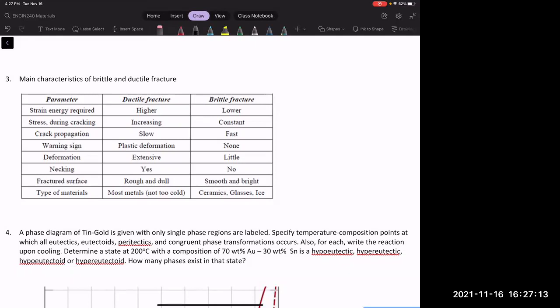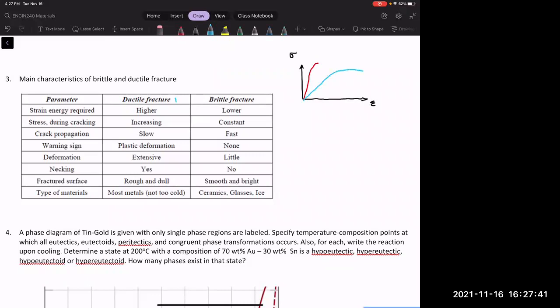If you look at the strain energy, you can look at their stress and strain curve. So this is our stress, this is our strain. If the material is brittle, then the brittle one will give you this kind of curve. If a material is ductile, then the ductile will go like this.